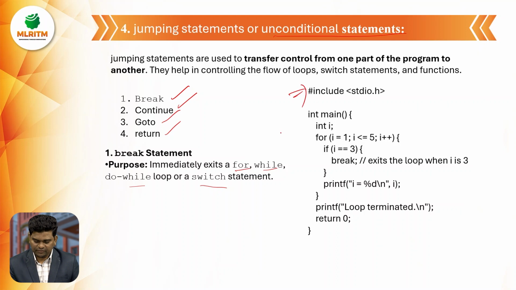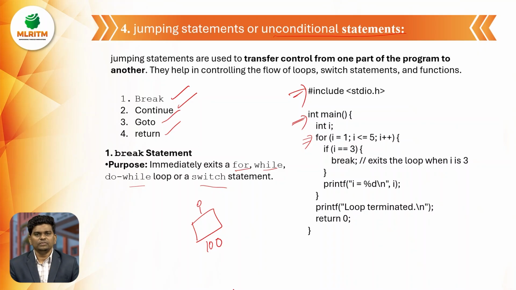As usual, header files, then we have the main function, execution begins from main, and the compiler executes the declaration part, it allocates memory for variables. There is no initial value, we just declared. Then directly we have a for loop.